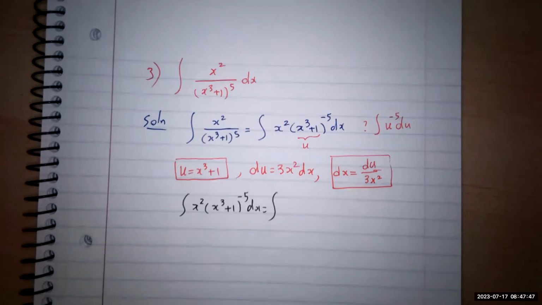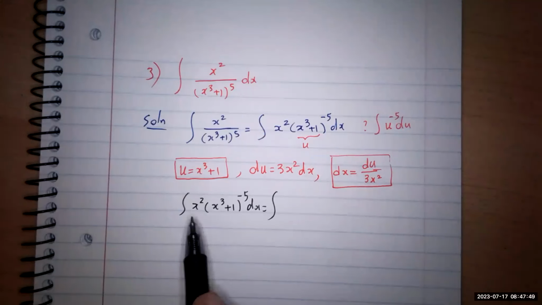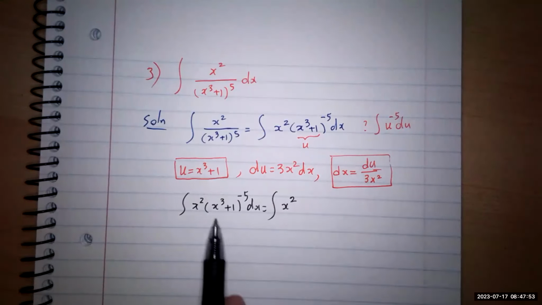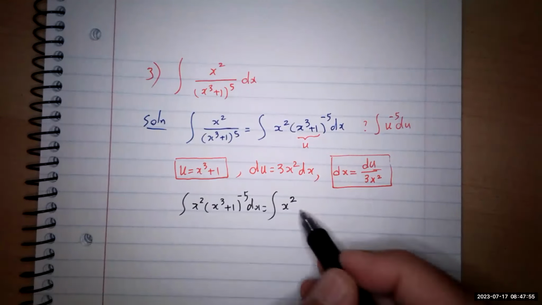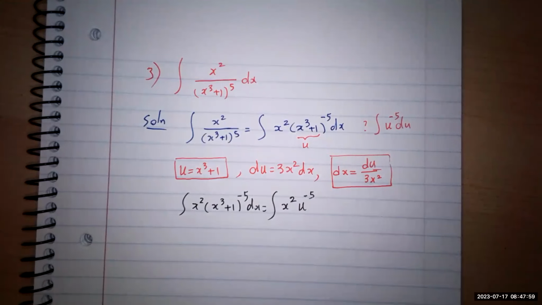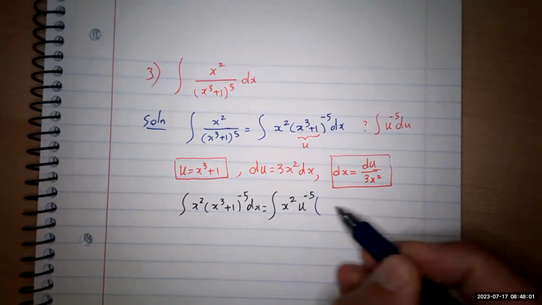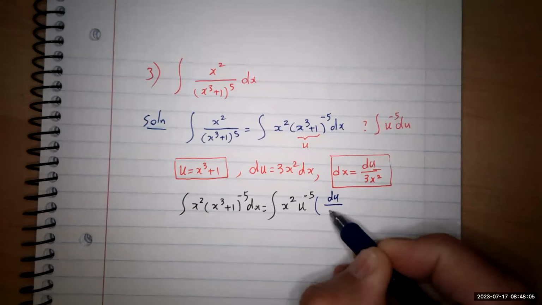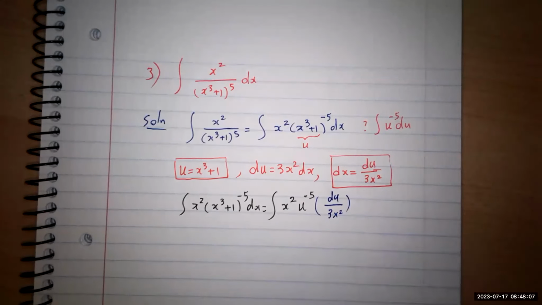Substitute. You don't have anything to substitute for x squared. It doesn't matter. Inside, you call it u to the negative 5 times the dx. What is the dx? The dx is the du over 3x squared, you see.